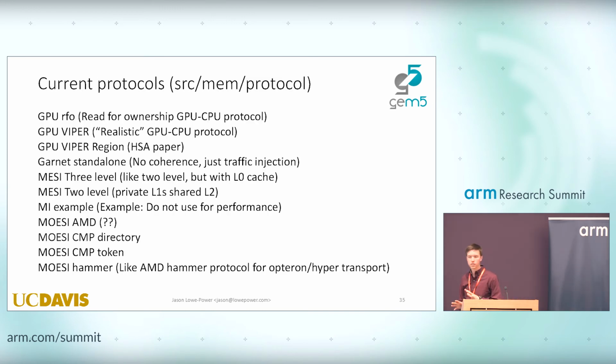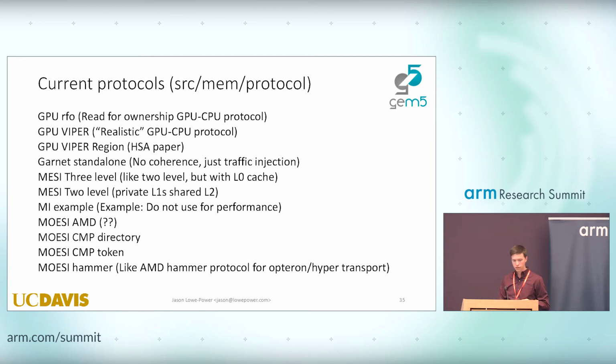Okay, so I want to briefly mention some of the current protocols in gem5. I went through a list of all the protocols that are in src/mem/protocols, and this is what we currently have. The first few are GPU protocols, which are CPU-GPU protocols that AMD has released, some of which are relatively realistic.